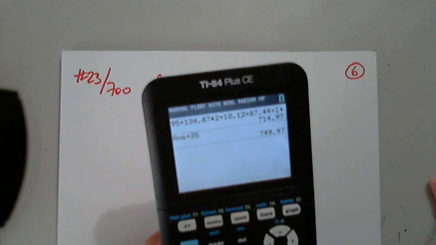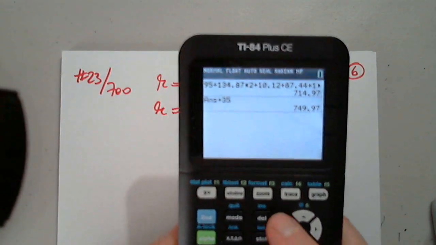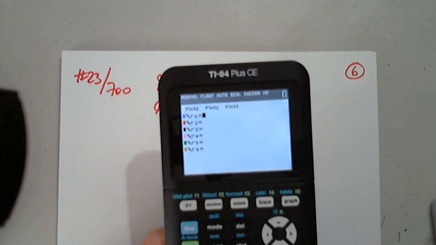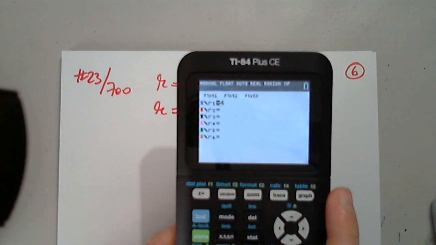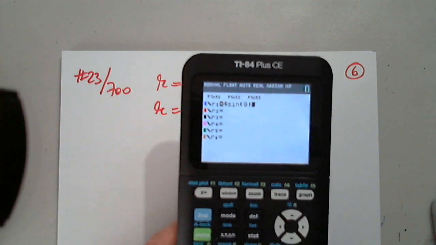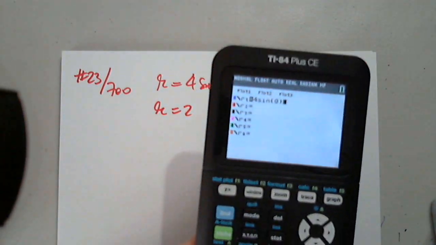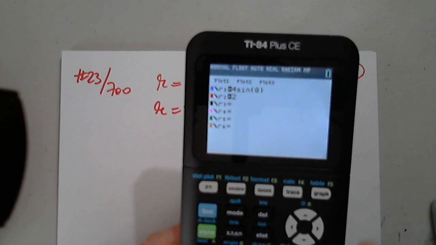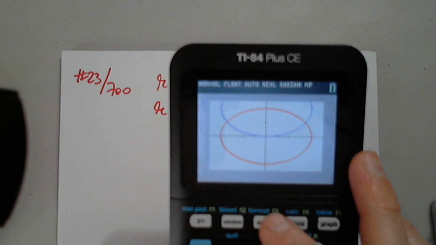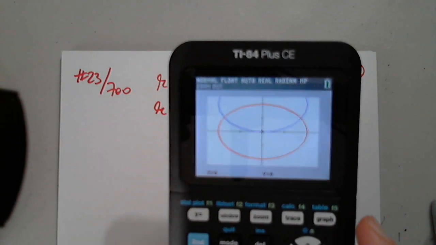Calculators. Y equals clear, and we have 4 sine. I could have just changed the argument, but that's okay. So we have 4 sine theta, and the other one is 2. So let's graph. So let's zoom out a little bit.